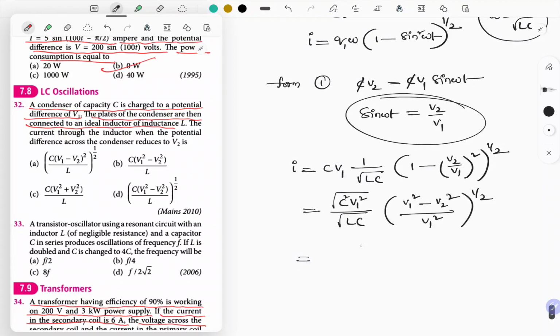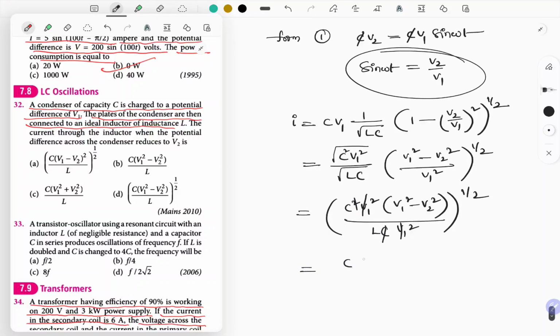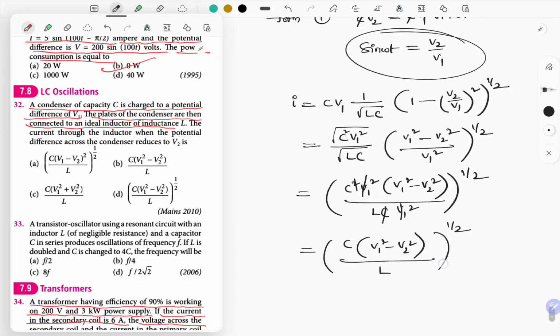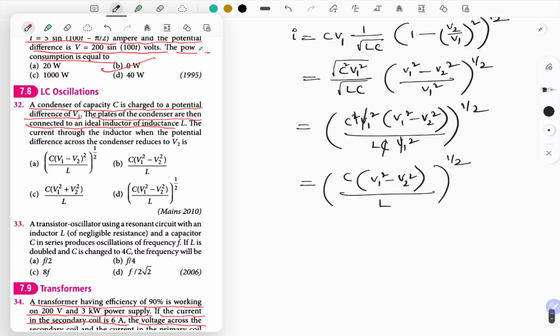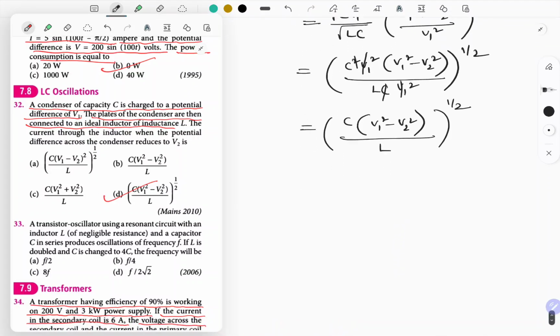Inside it can be replaced as C square V1 square into (V1 square minus V2 square) divided by LC into V1 square, whole power 1 by 2. V1 square cancels, and C and C get cancelled. So the final answer is C into (V1 square minus V2 square) divided by L, whole power 1 by 2. Which option matches? Option D is the suitable answer.